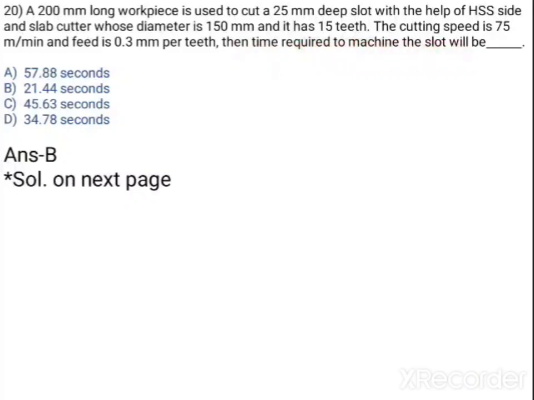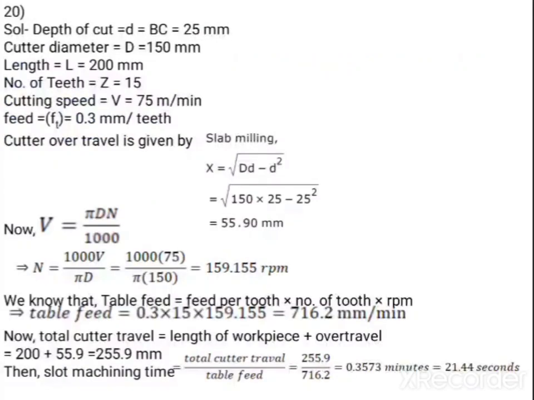So this is a problem on the milling machine. Depth of cut is given as 25 mm. Diameter of the cutter D is 150 mm. Then length is given as 200 mm, number of teeth 15, cutting speed is given as 75 meter per minute, feed is given as 0.3 mm per tooth.